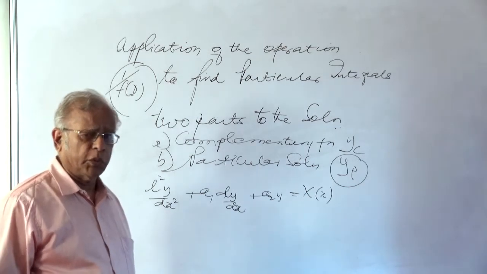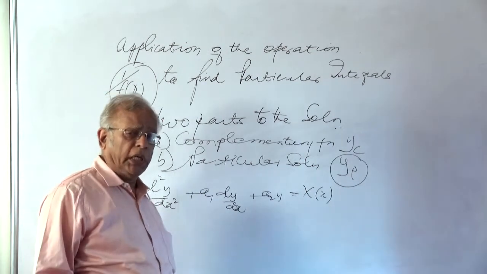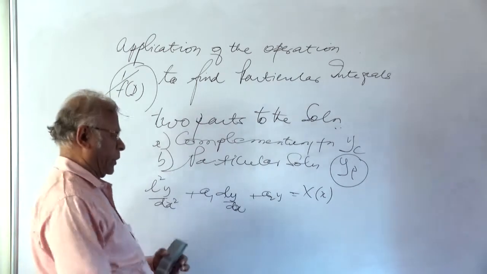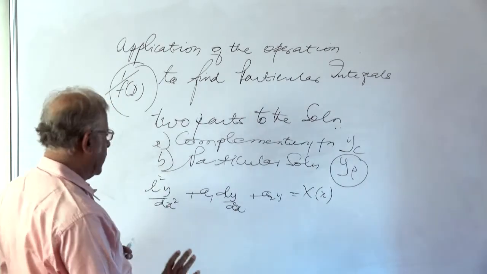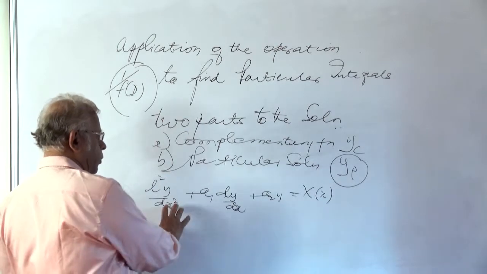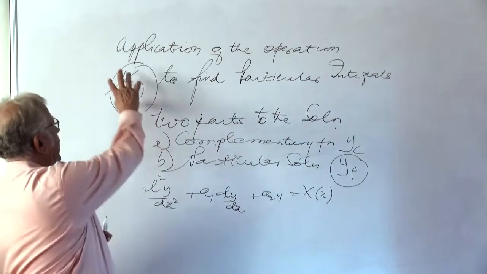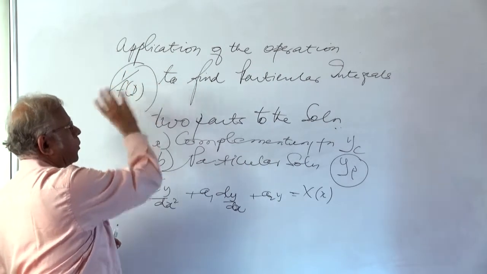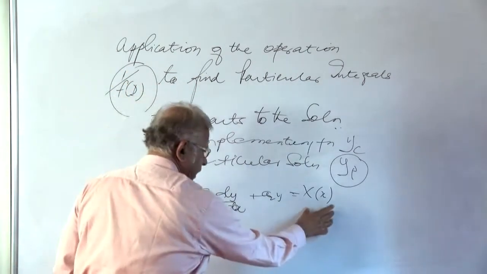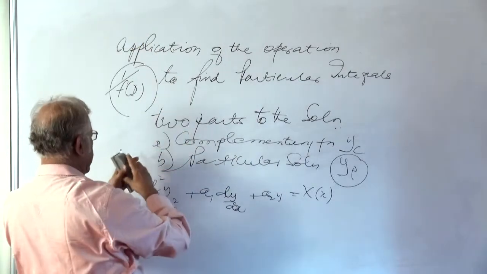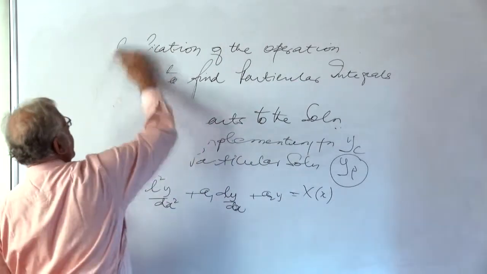It may have constants which have a fixed value, but certainly it is bereft of any arbitrary constant of integration. So that is the focus of our discussion: how to find the value of 1 by FD applied to this function. Let us draw out this part and then we will see how it works.